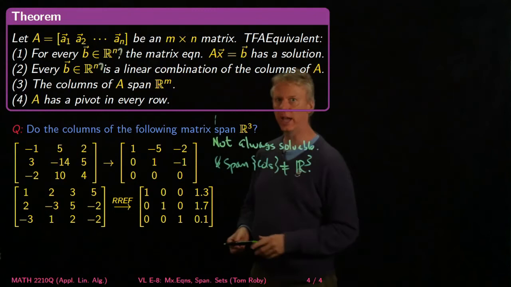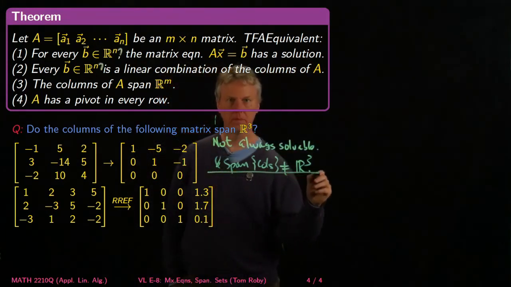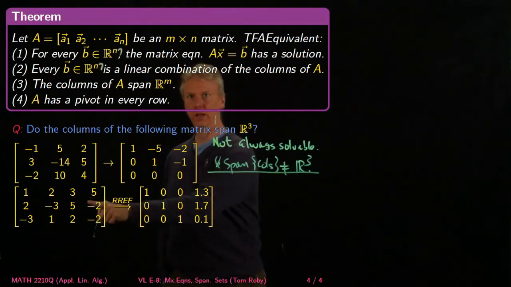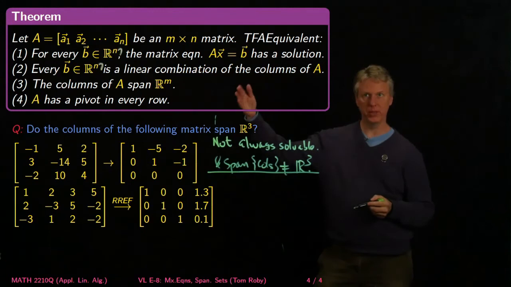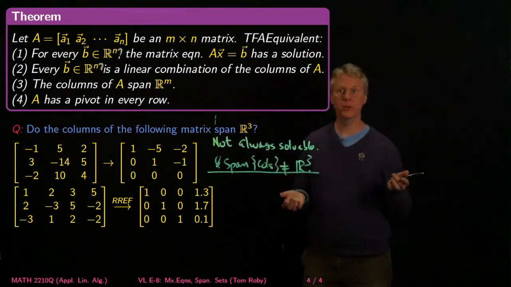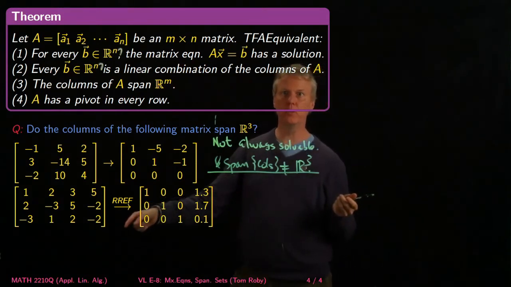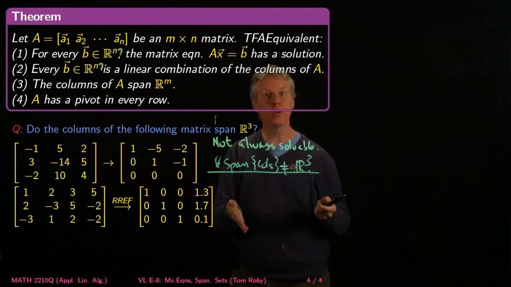Okay, here's another example. If we look at this one, we've got 4 vectors of length 3 if we think about the columns. So 4 vectors of length 3 ought to be enough to span all of R^3. And if you take the row reduced echelon form, then in fact you see that we have a pivot in every row. That means we can always solve the matrix equation.